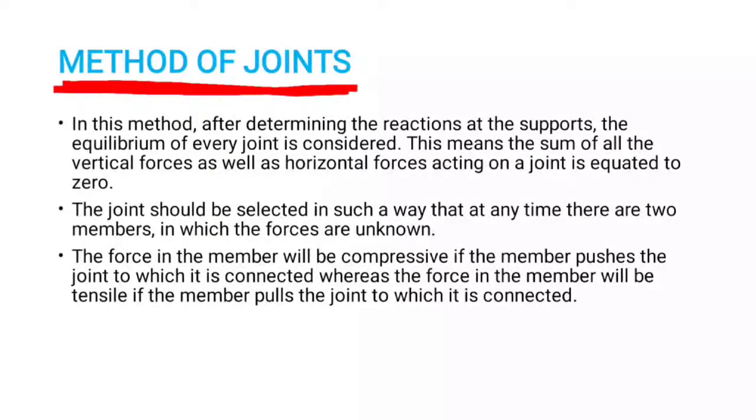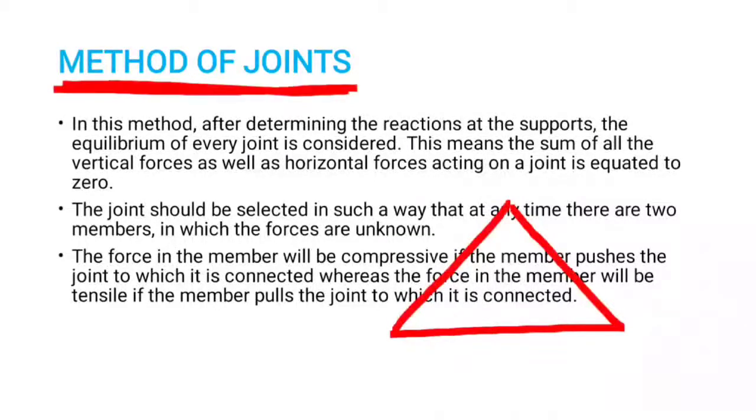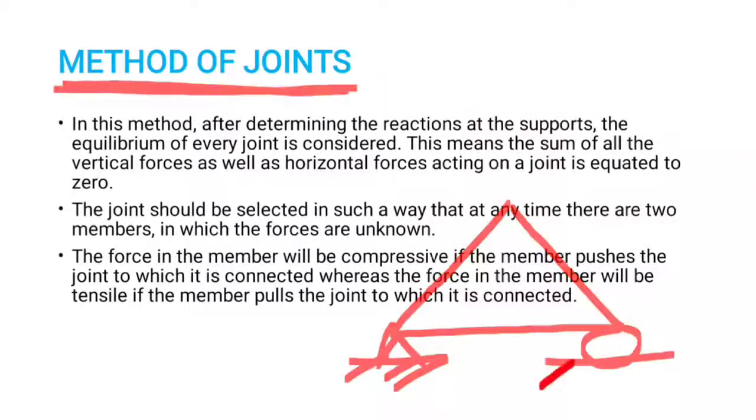Okay, in method of joints, first of all we determine the reactions. Let's say if you observe, this is a truss. This is a hinged one.